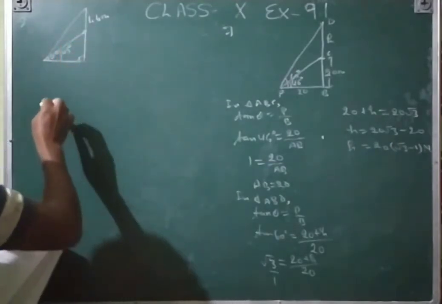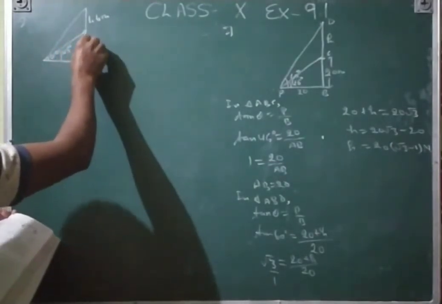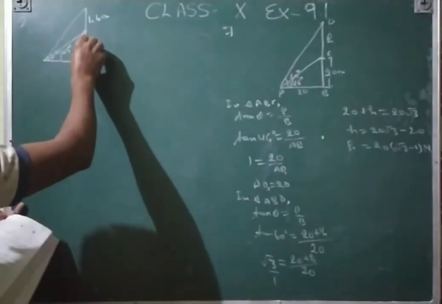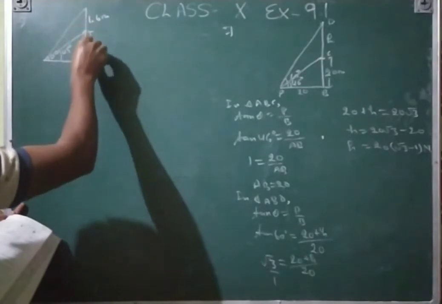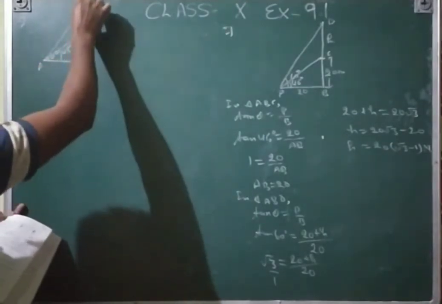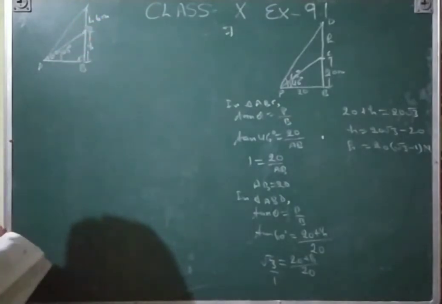This is the 90 degree angle. We need to find the height of the pedestal. So this is A, B, C, and this will be D.